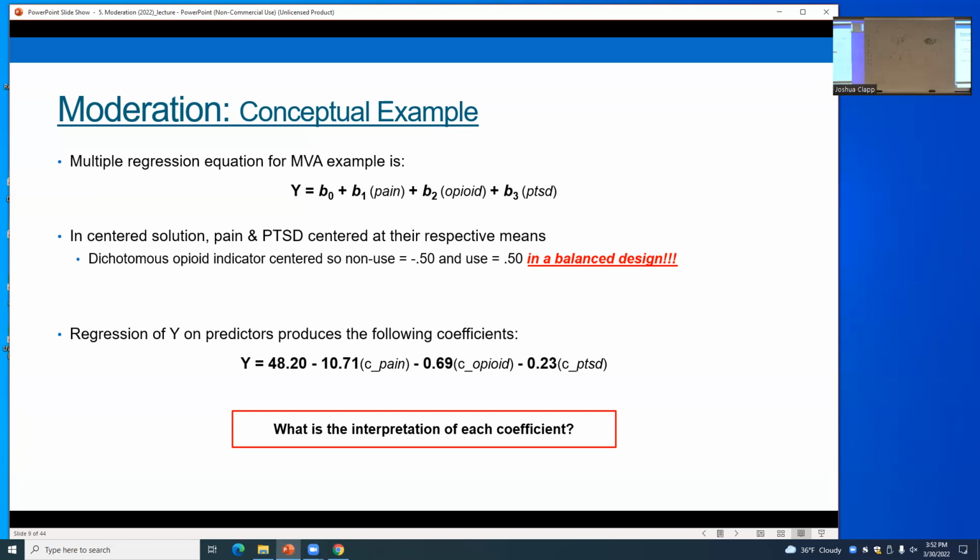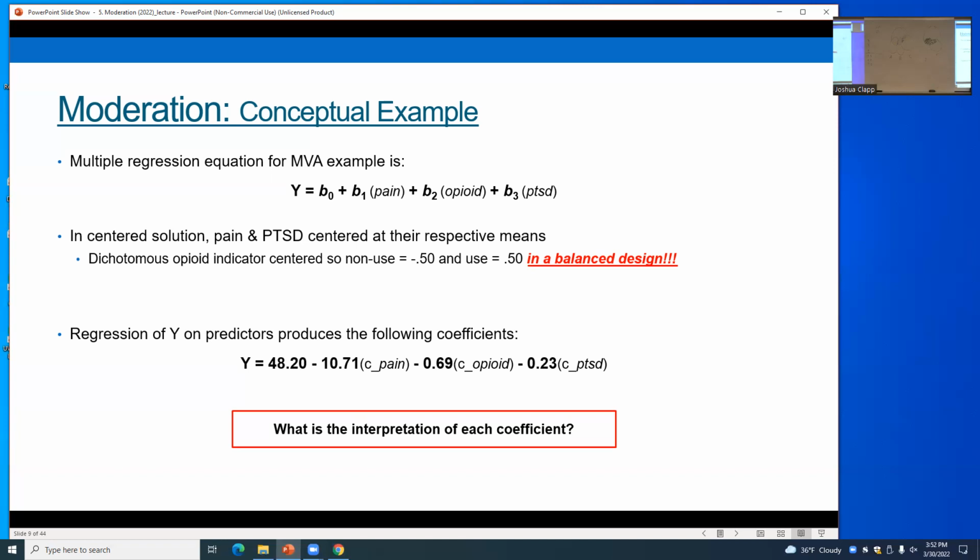Role function score goes down by 2.71. Yeah, okay. This is saying, holding opiate use and PTSD constant at values of 0, this is the expected decrease in role function per unit increase in the predictor.